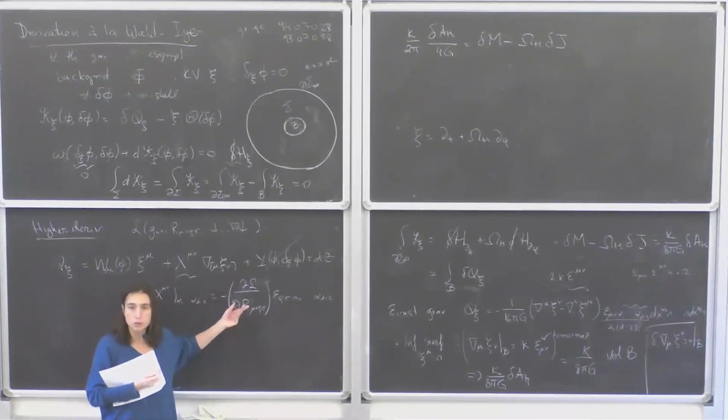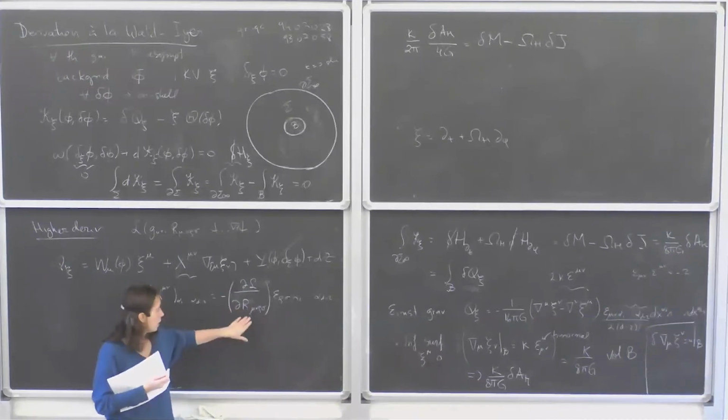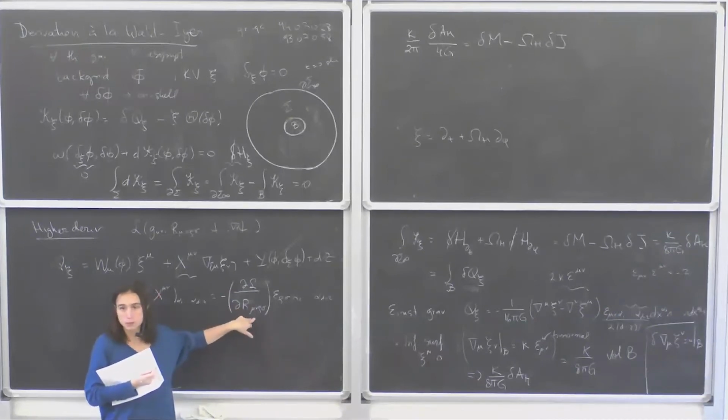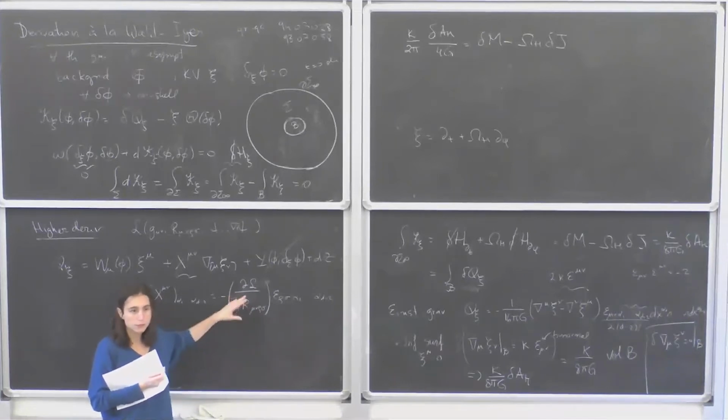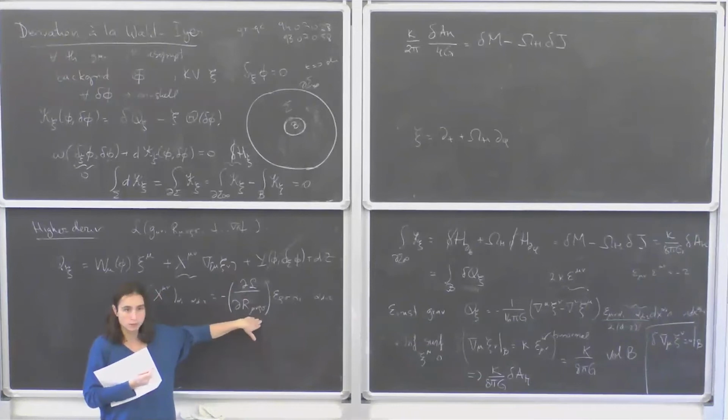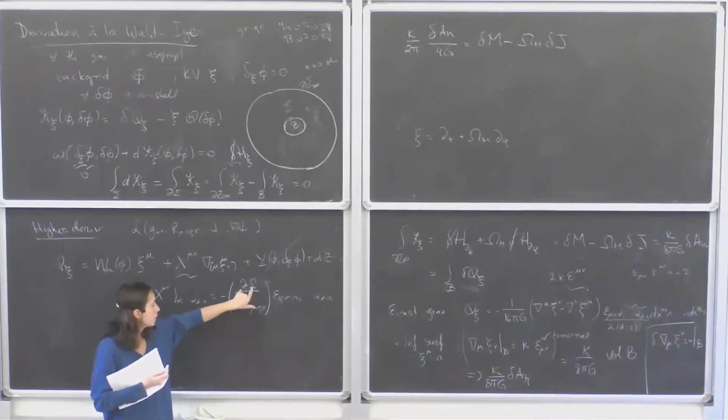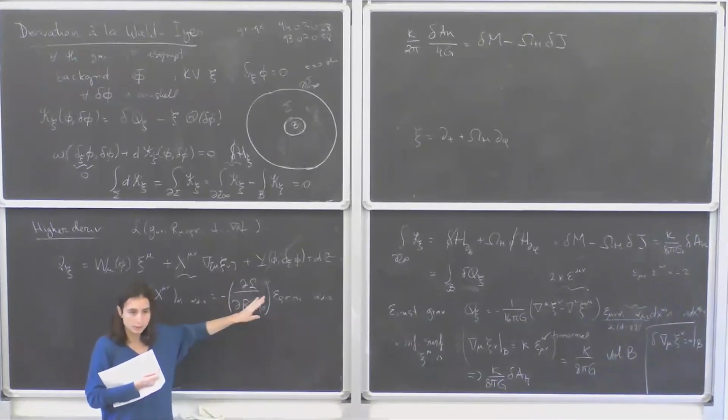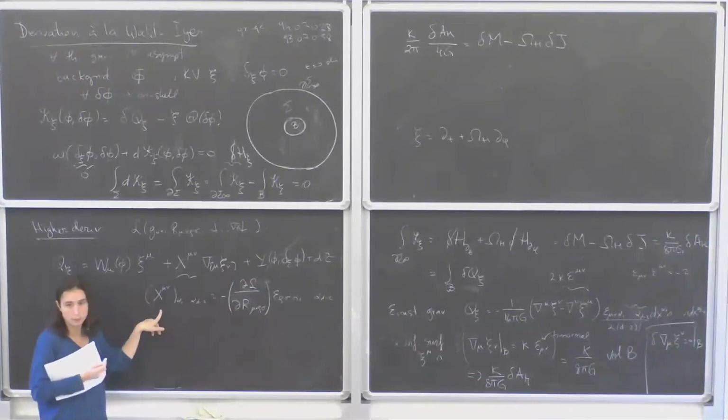Of course normally the Riemann tensor is constructed from the metric, so when you vary the Lagrangian you just vary the metric, and then this guy has a complicated variation. This is not what you're doing here. You're just taking the derivative of the Lagrangian with respect to the Riemann as if Riemann were an independent field. This is what gives you this term X mu nu.